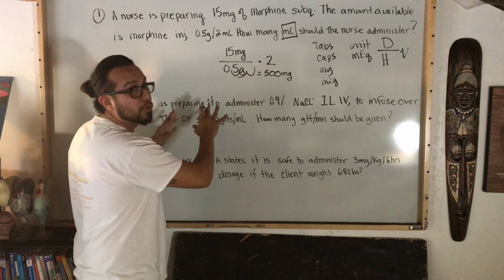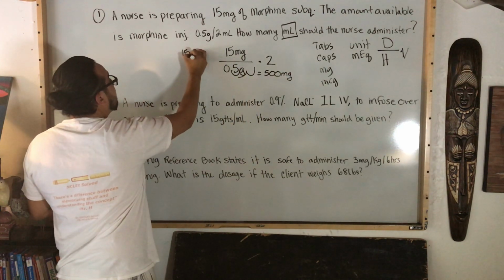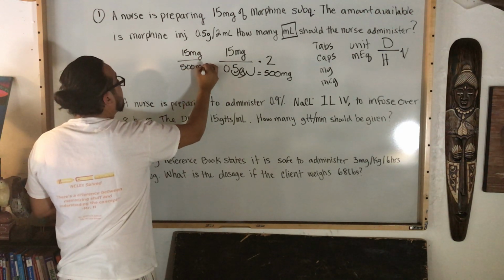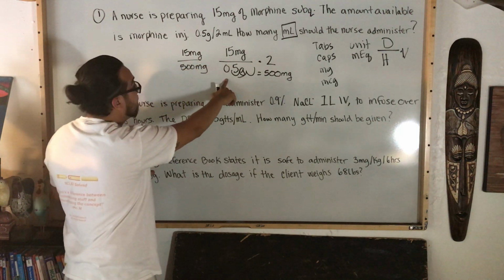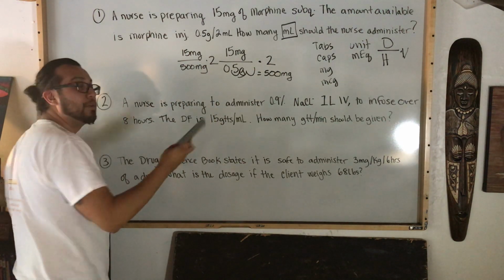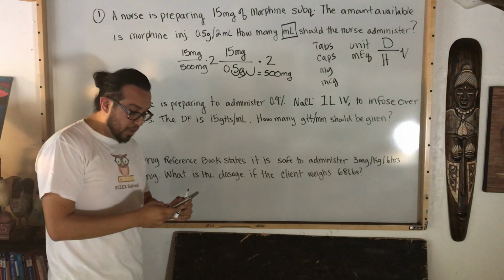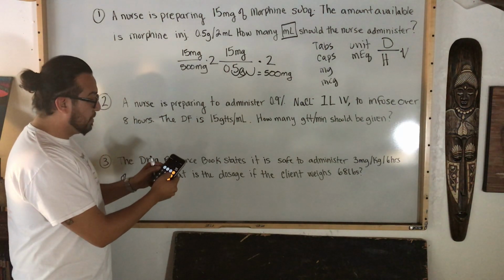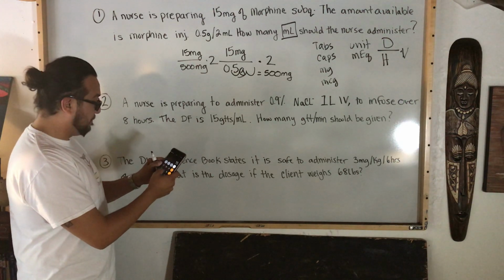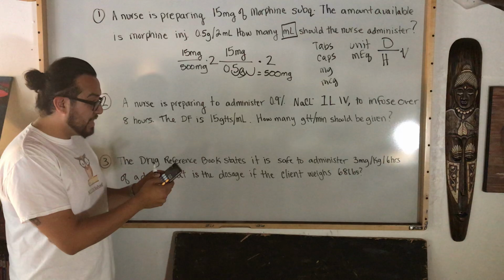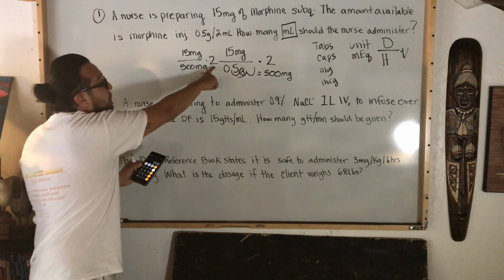Then we can rewrite the equation as 15 milligrams divided by 500 milligrams, and we multiply it by 2. I have my calculator with me right here. If you guys follow along, you can compute yourself as well. We get 15, we divide it by 500, it gives us 0.03, and then we multiply it by 2.